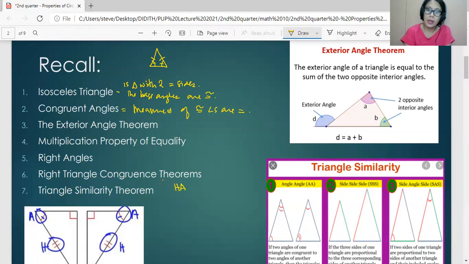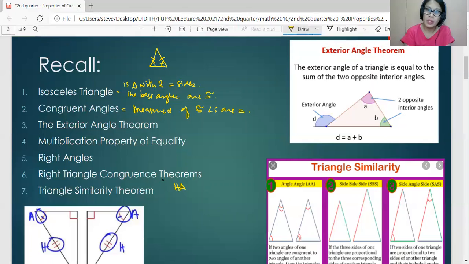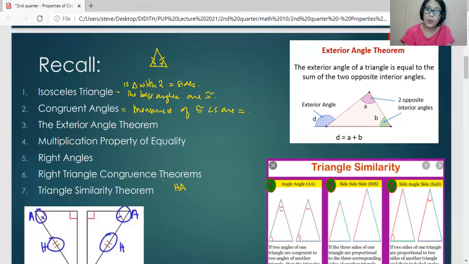If the corresponding hypotenuse side and the corresponding acute angles are congruent, then the two triangles are congruent. Then leg, right triangle congruence. If the legs of the corresponding parts of the right triangles are congruent, then the two are congruent also. We also have LA, that's leg acute angle. All these are considered right triangle congruence theorems.